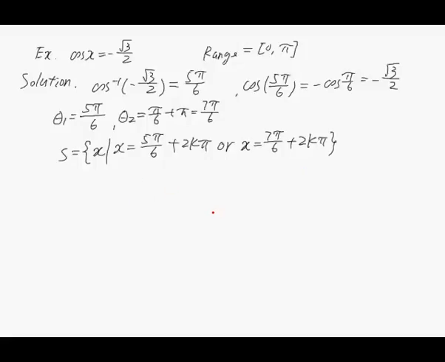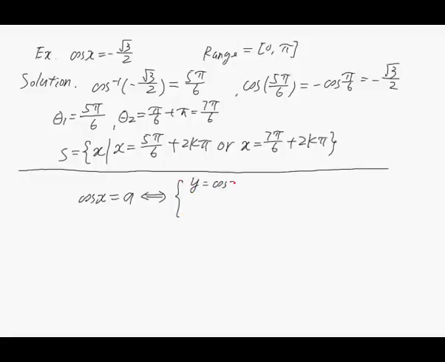So actually, when we try to solve the trigonometric equation of the form cosine x equal to a, we know this equation is equivalent to such a system of equations: y equal to cosine x and y equal to a, right?